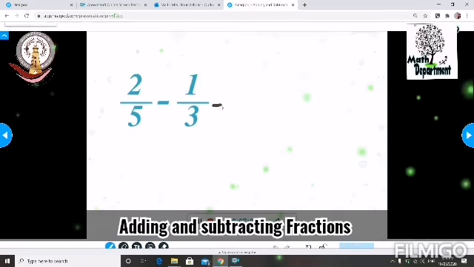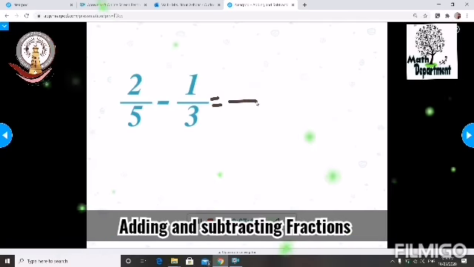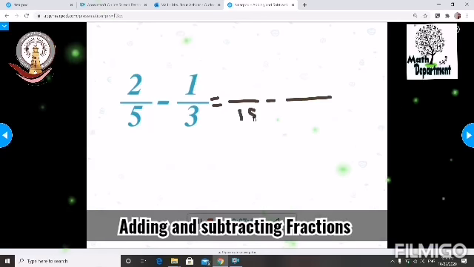Let's do this. I have 2 over 5 minus 1 over 3. So 5 and 3, both of them are prime numbers. That's why the LCM is their product. Their product is 15.